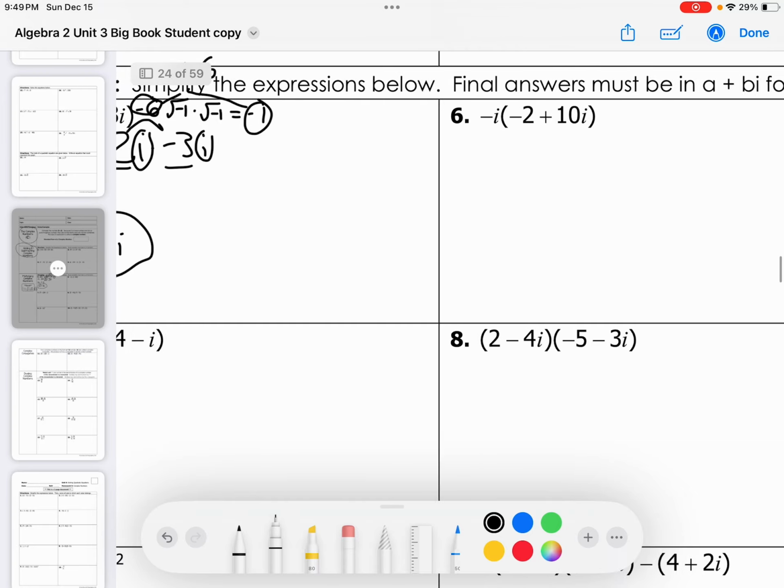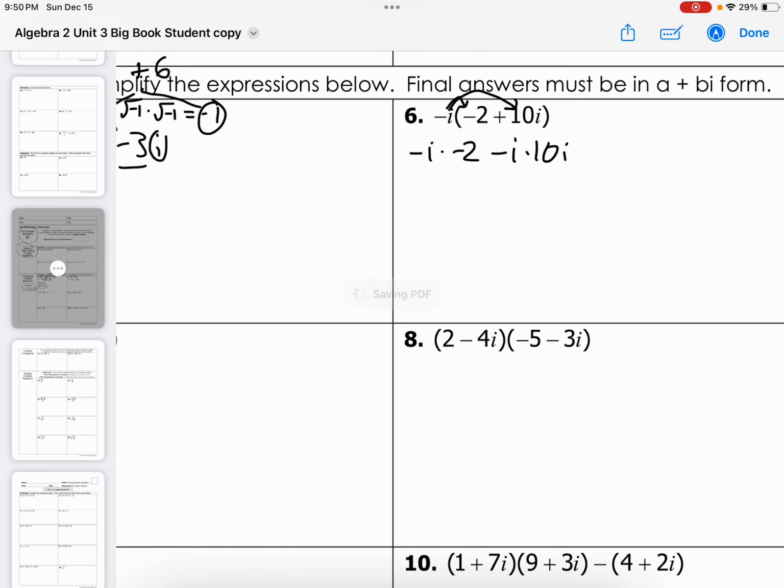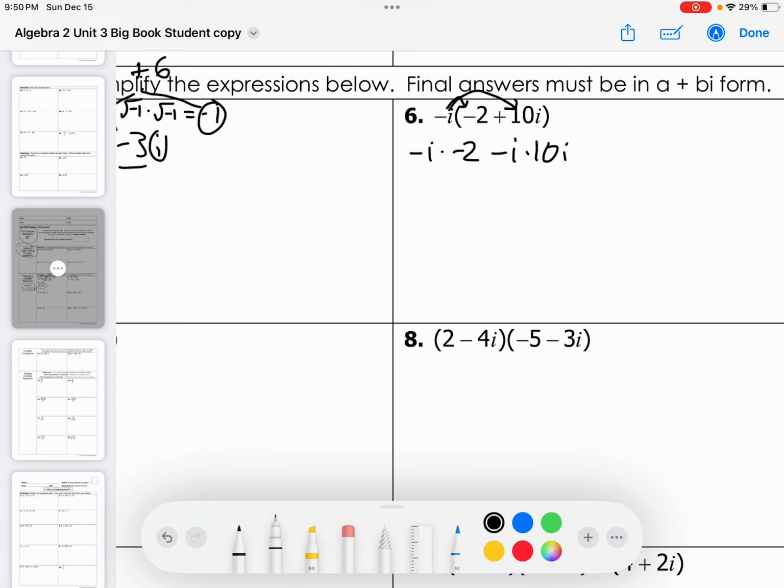So on to number 6. We have -i times -2, and then -i times 10i. The -i times -2 would be a +2i, because the negative times the negative is a positive, so this would be a +2i.